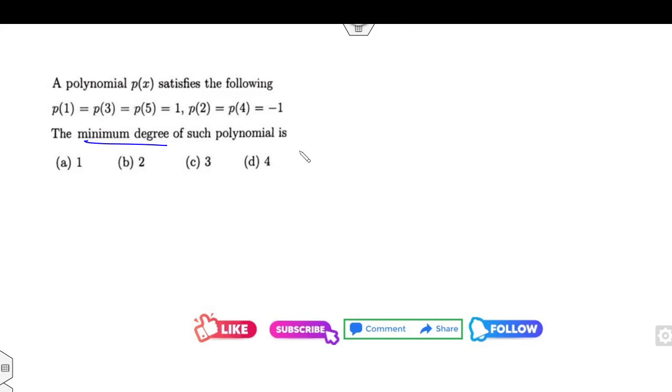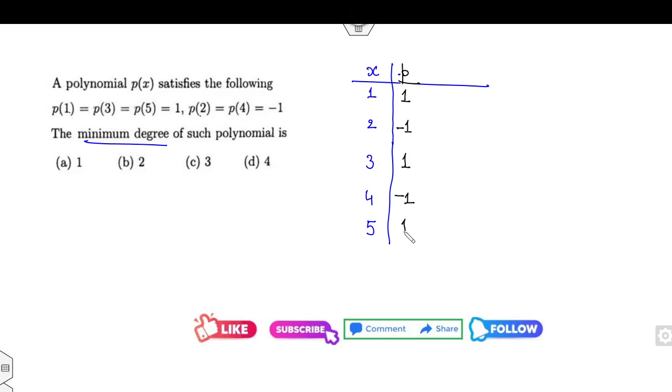Okay, again they are talking about the minimal polynomials. So let's see, I can take it as x: 1, 2, 3, 4, 5. The corresponding values of f are p, because it is given as p: minus 1, plus 1, minus 1, plus 1.